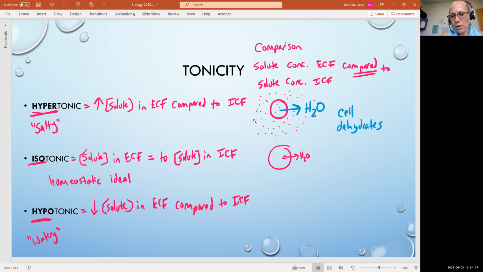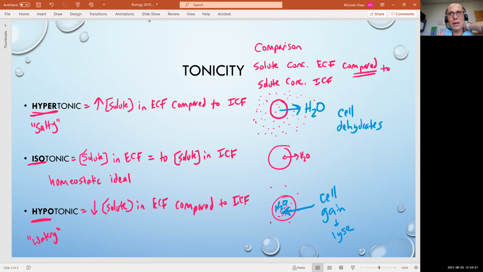So here I'm going to draw my circular cell, and I'm going to put a whole bunch of dots inside the cell and just a few on the outside. And so what we see will happen is the water will go into the cell. And so the cell can gain water, and it can burst or lyse. And the term lyse means to burst or break open.